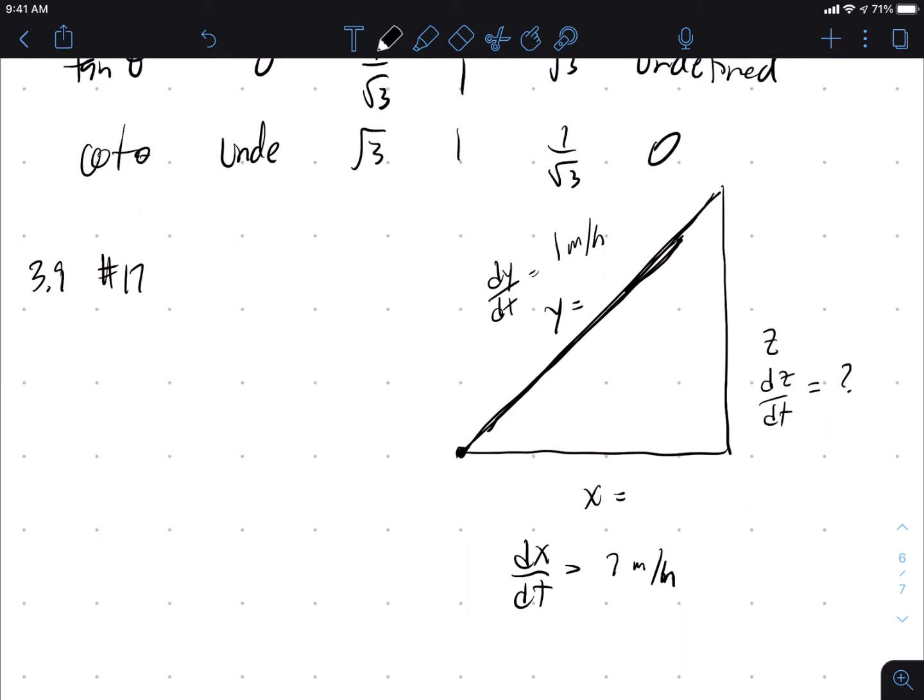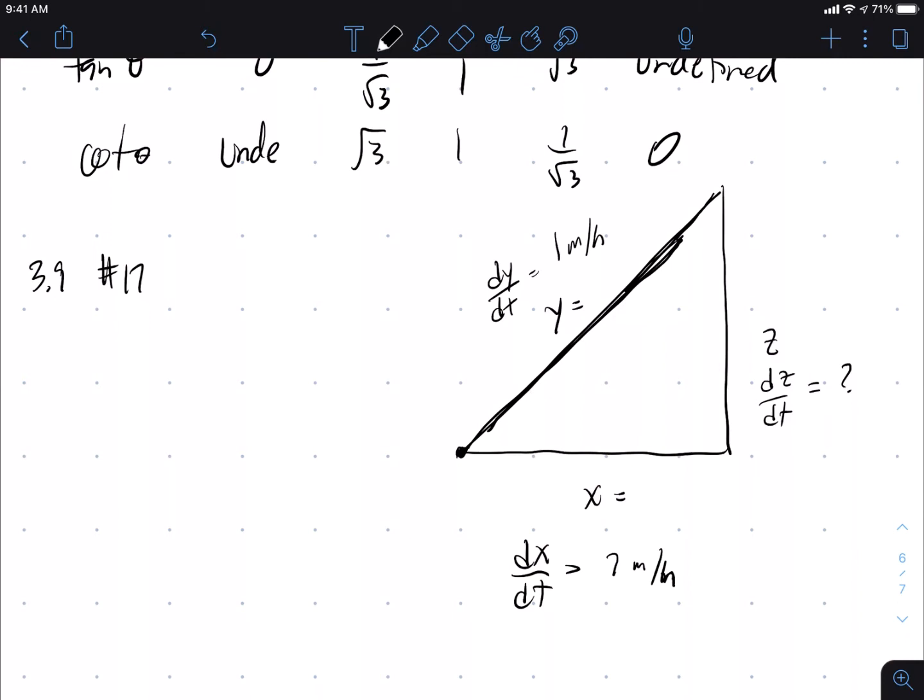Okay, so if someone walks 1 mile an hour, that's pretty slow. Really slow. How far did they go in 15 minutes? It's a quarter of the rate, right?